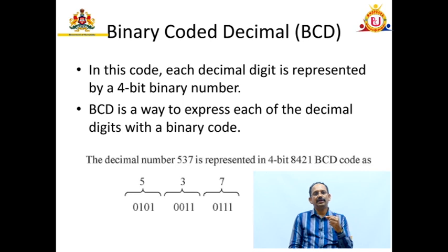Now each of the digit of the 537 is separately considered and its binary number is obtained, and that binary number will be having 4 length and represented separately along with the respective digits within the number. That is, in this example it is very clearly given, 5 binary equivalent is 101.